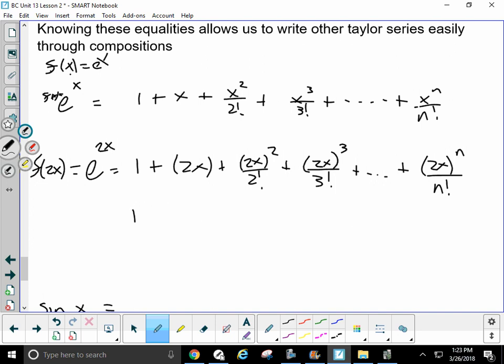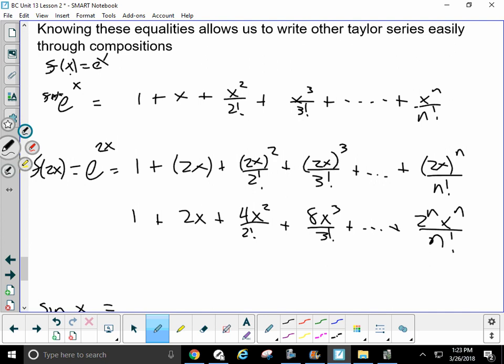If you wanted to simplify this, you could, and you can simplify these coefficients as well. 4 over 2 is 2. 8 over 3 times 2 times 1 is 8 divided by 2, 4 over 3, et cetera. That's nice.